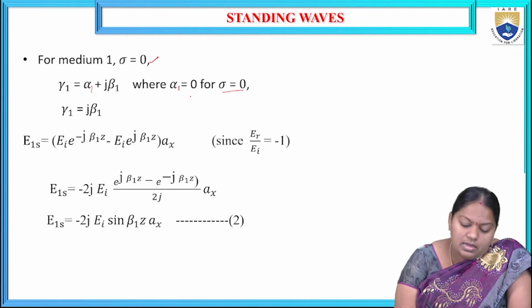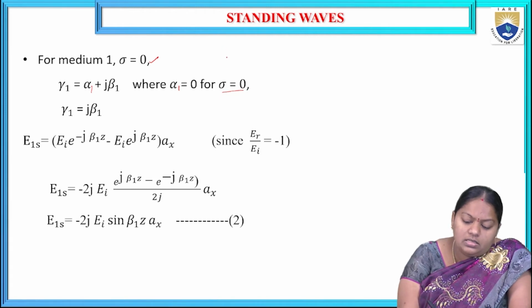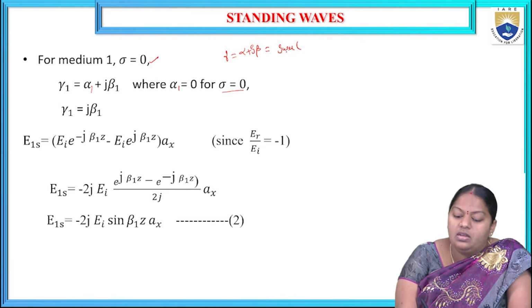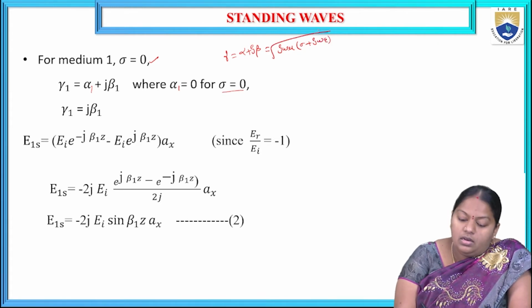Why? Because this analysis we have already done: γ, which is α plus jβ, equals the square root of jωμ into (σ plus jωε), along with the propagation characteristics. Mathematically we can write that equation. Now if we substitute for a dielectric medium σ equal to 0, then jωμ into jωε is left out.